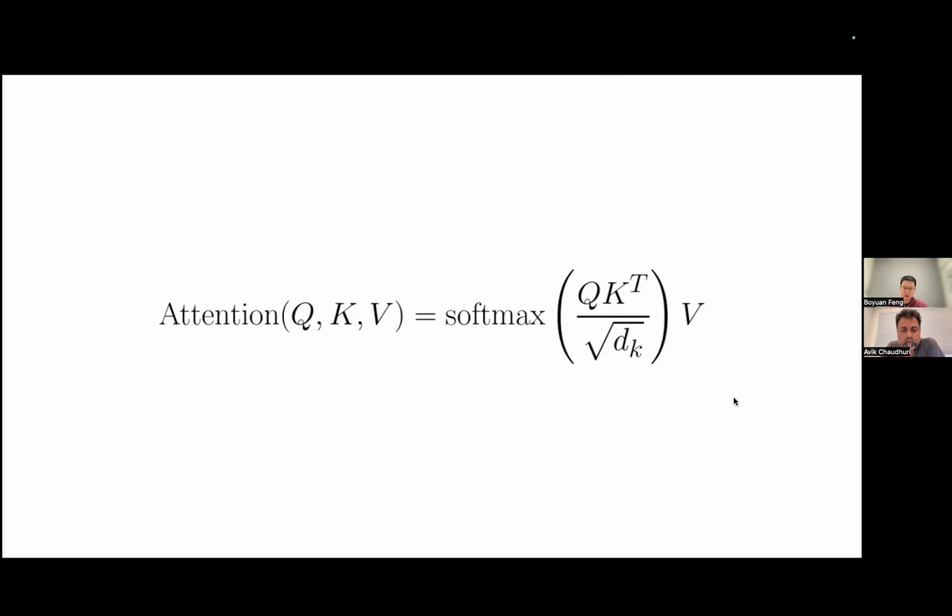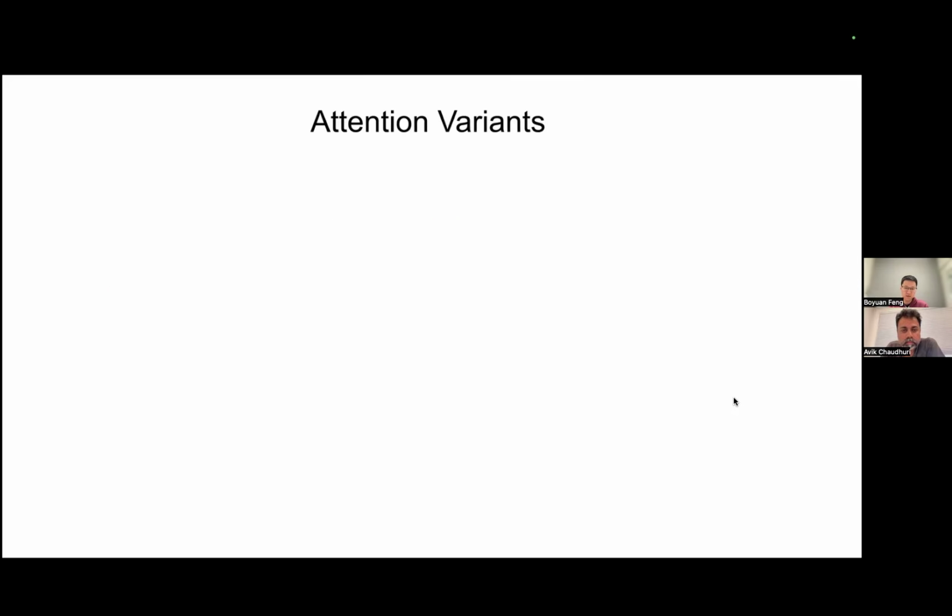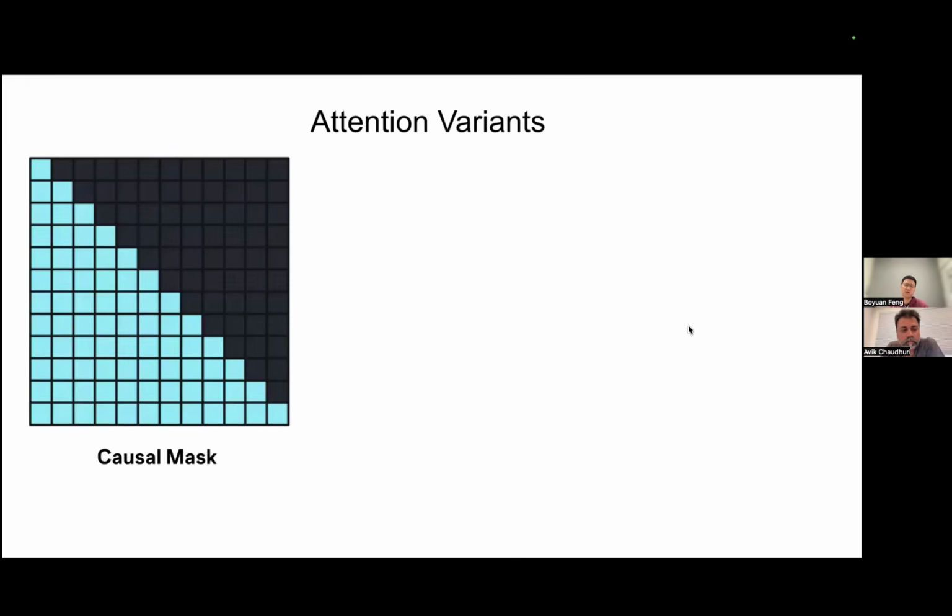So people want different attention variants for many reasons. Let's say people start with the causal mask, which means a query token can only attend to past key tokens. When we say a sentence, we rely on past words to infer the next word.